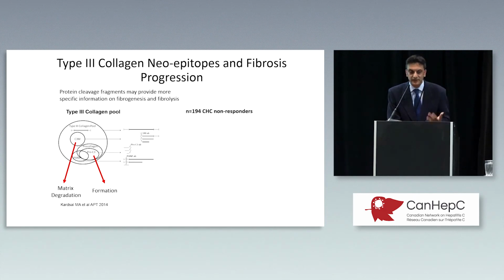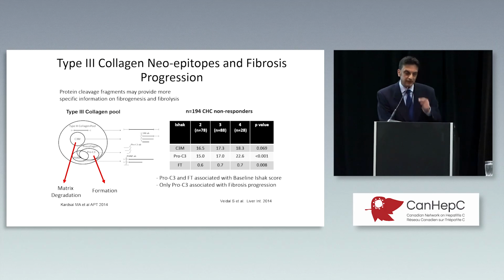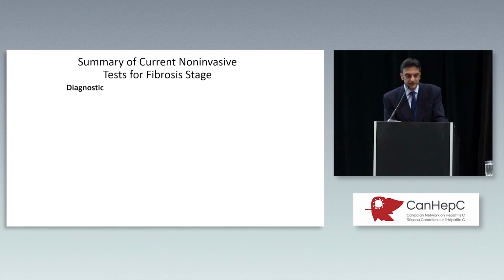And so we thought we'd apply this to that negative study, which I just showed you. And we actually found that both ProC3 and FibroTest do associate with baseline Ishak score, which isn't surprising. But only ProC3 was independently associated with fibrosis progression. And you now see ProC3 adapted into various marker panels, and particularly in the NASH field as well.